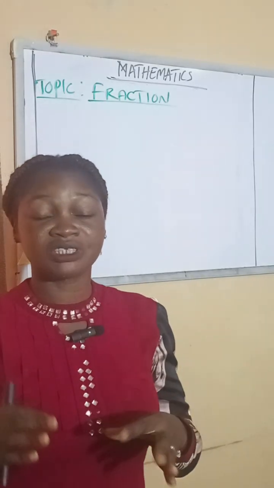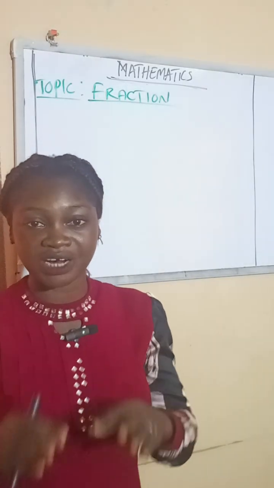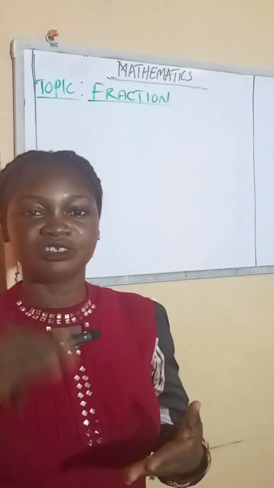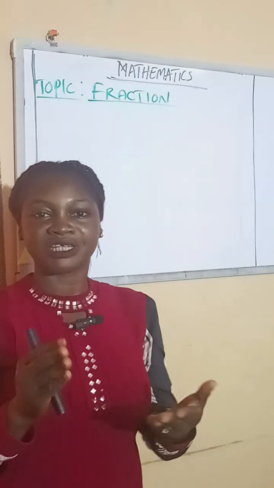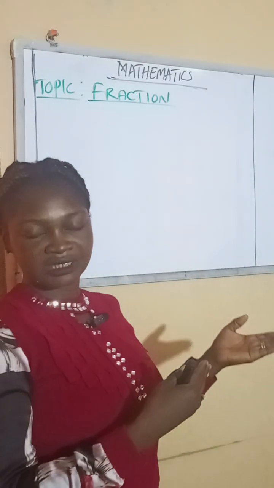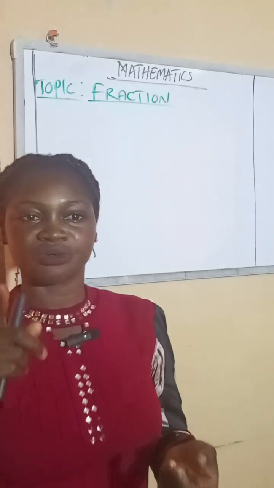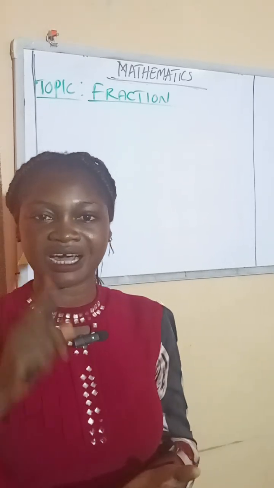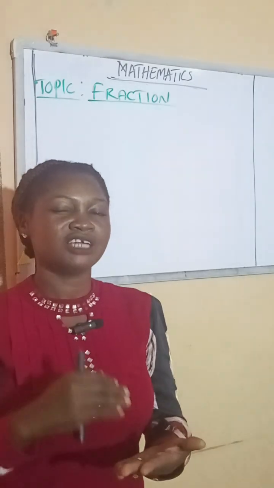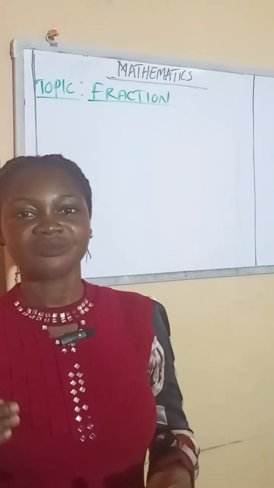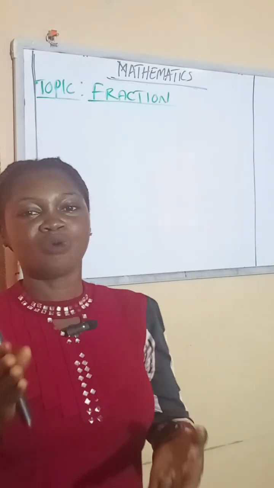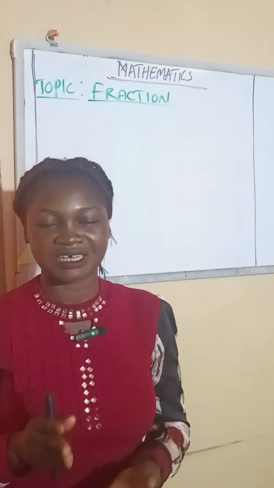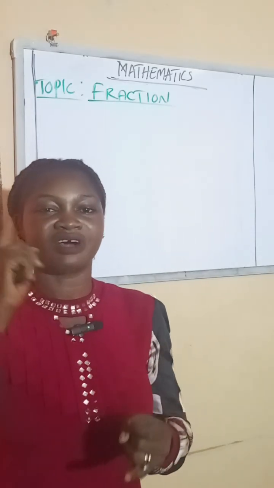The total number of that whole is the denominator. The particular part which you pick becomes the numerator. When you have one cake divided into 5 parts, and you pick one out of these 5 parts, that means it is 1/5.